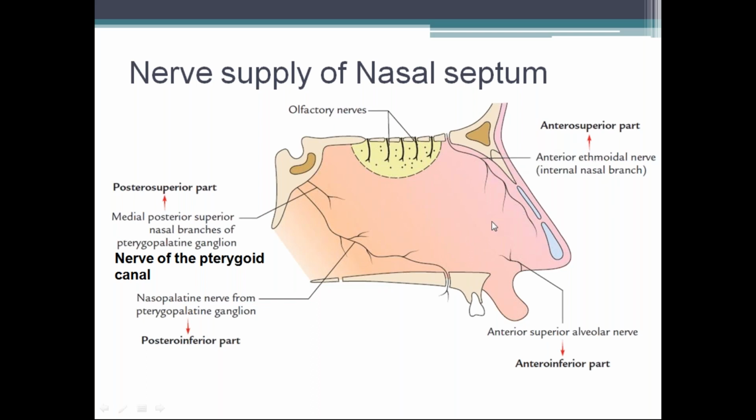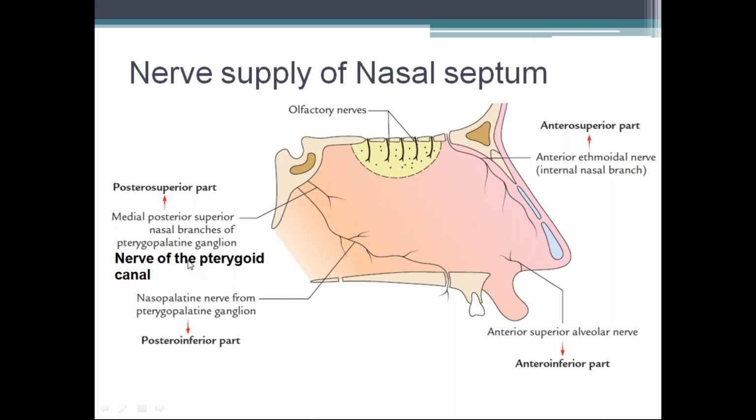Okay, the antero-inferior part of the nasal septum is supplied by the anterior superior alveolar nerve. I think you know it is a branch of which nerve? The maxillary nerve.